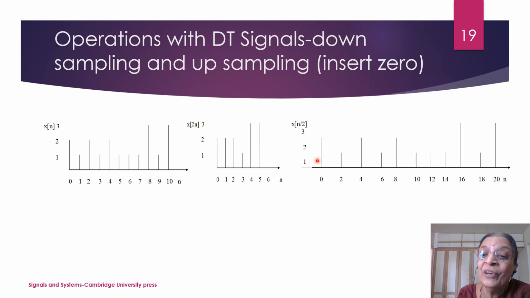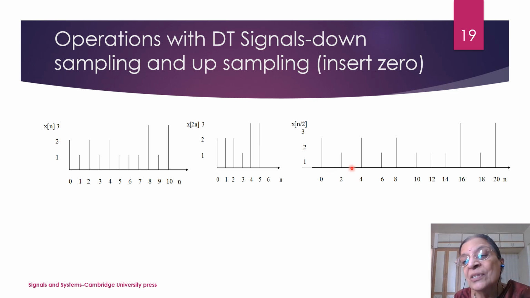Now if it is x of n by 2, then I'll have to do the reverse operation. This is called upscaling. Rather than downscaling, it will be upscaling. For upscaling, the signal sample that is at 1 will now be shifted to n equal to 2. The signal sample at 2 will be shifted to n equal to 4. And what will happen at 1 and 3?